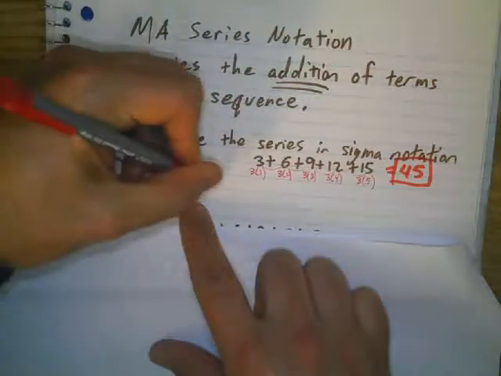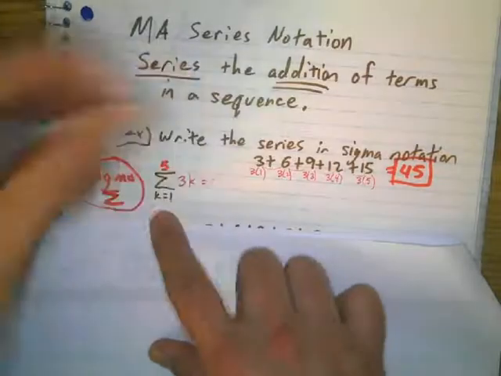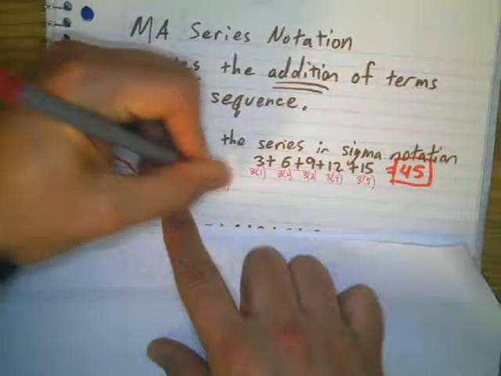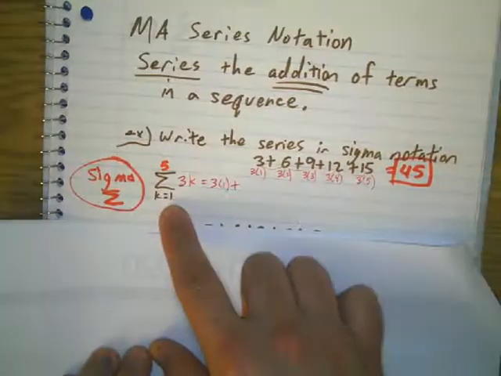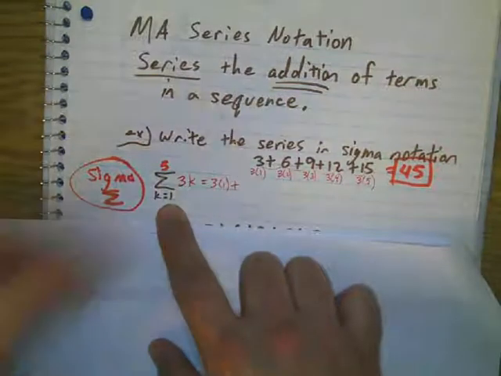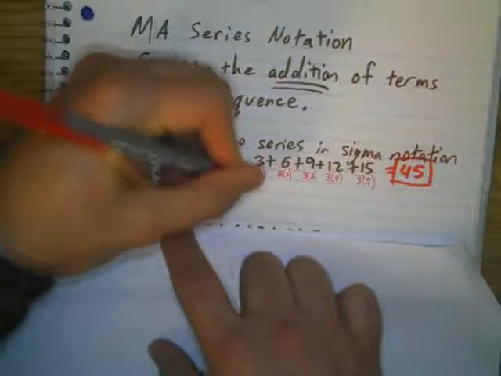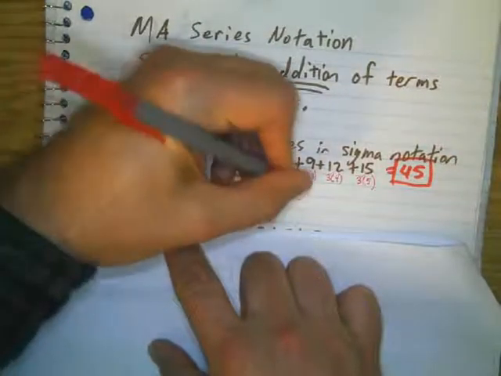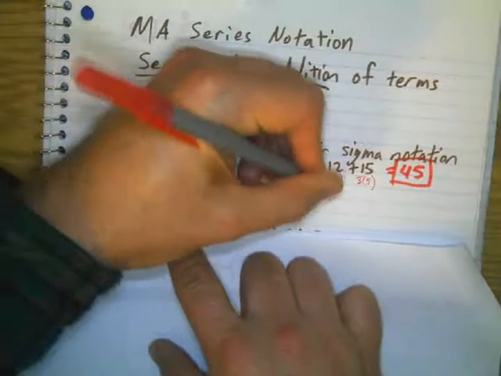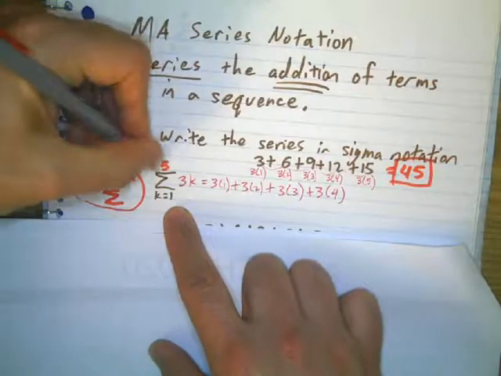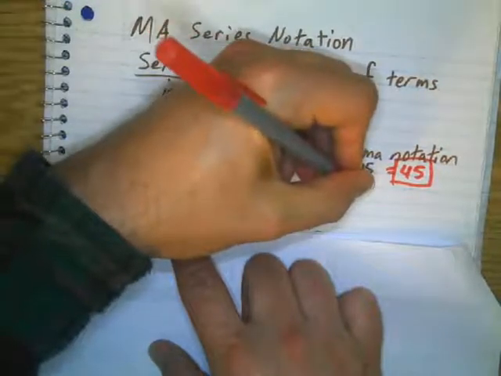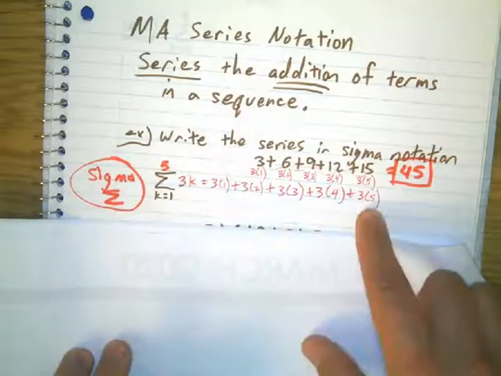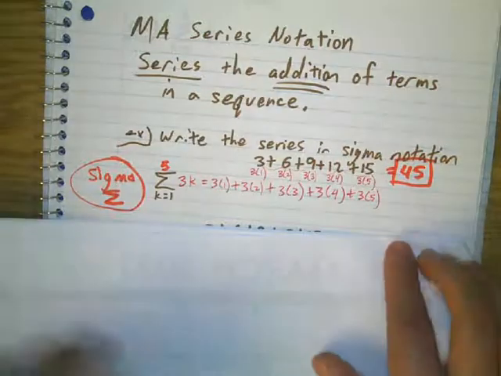Because when k is 1, we've got 3 times 1. Then we go up by 1. So then we have 3 times 2. Then we have 3 times 3. Then we have 3 times 4. And this number here on the top is where we stop, 3 times 5. Okay. So just think about that for a minute.